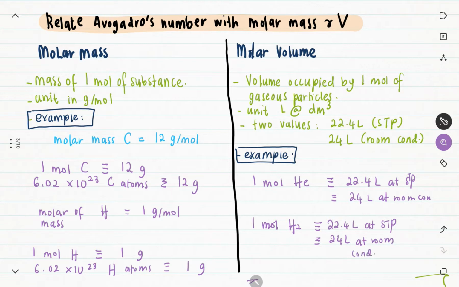So that is molar volume of 1 mole of gaseous particle. As long as your gas has an amount of 1 mole, the volume would be 22.4 liter at STP and 24 liter at room condition.